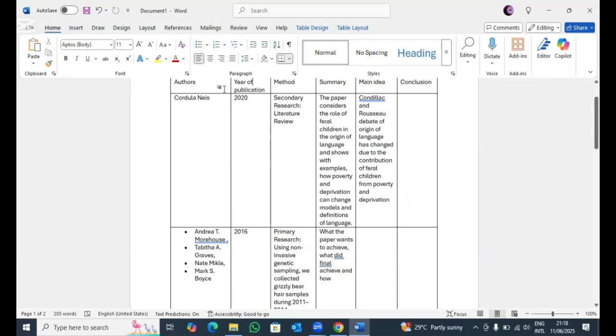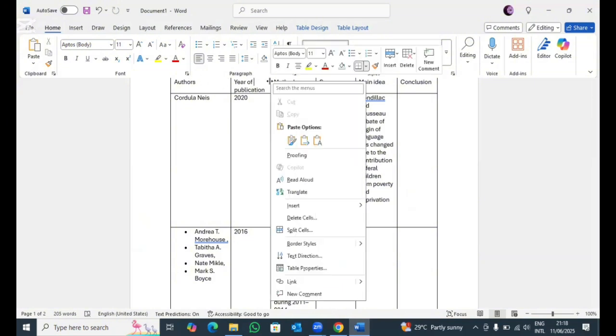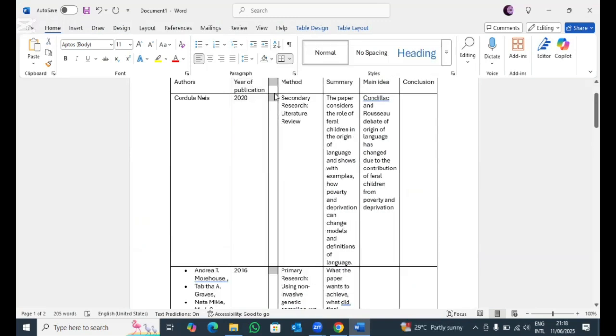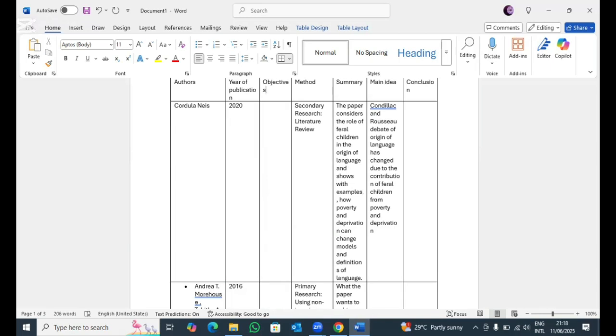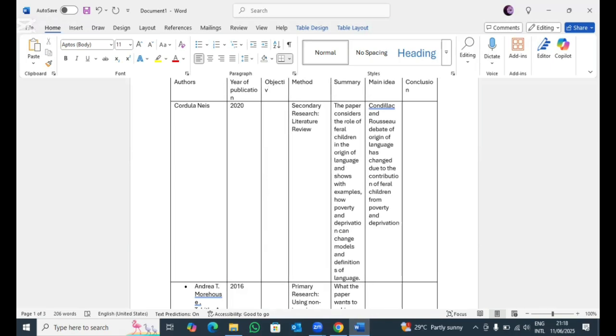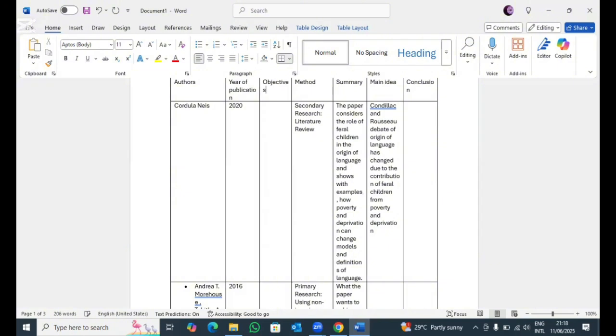So authors, year of publication, objectives. Let me just add another column here. Objectives of the paper: this is what the paper wants to achieve.